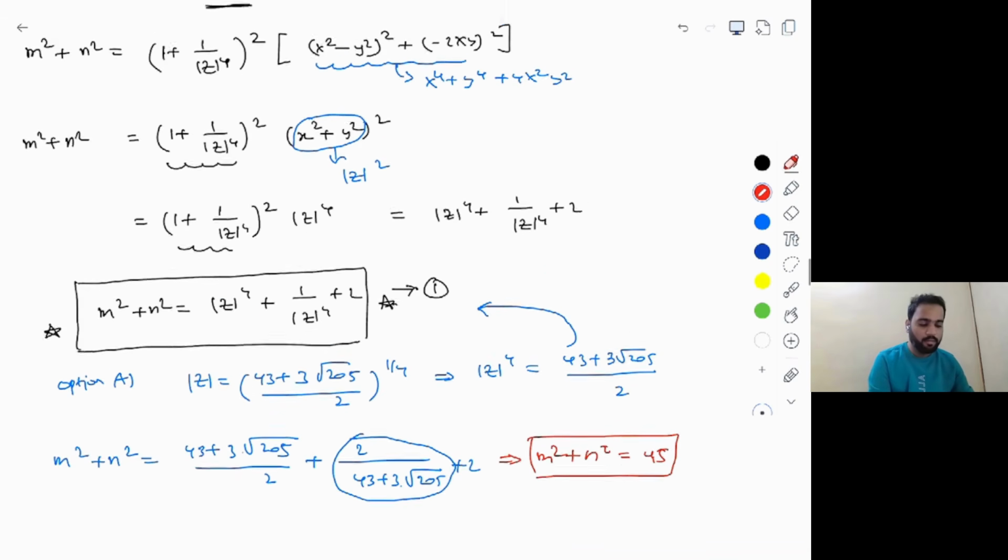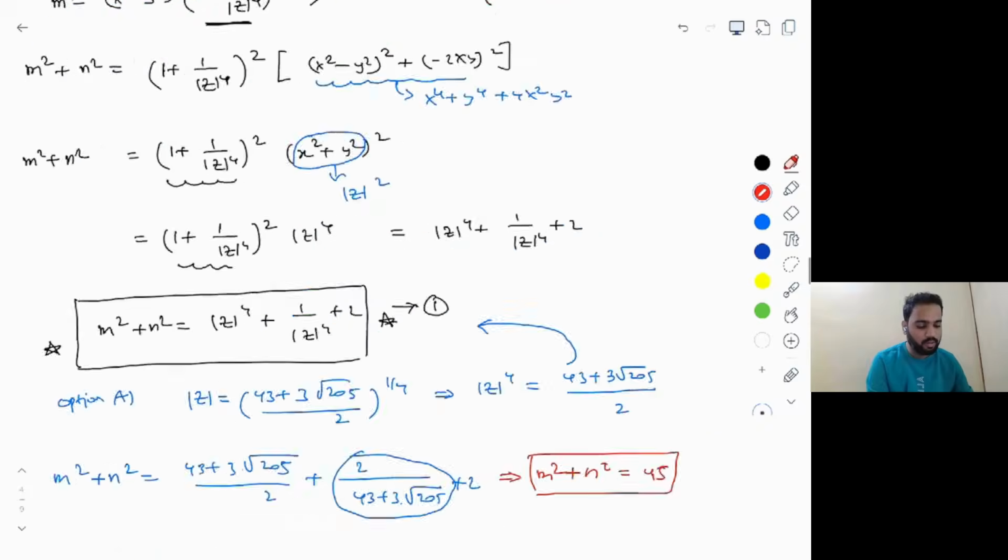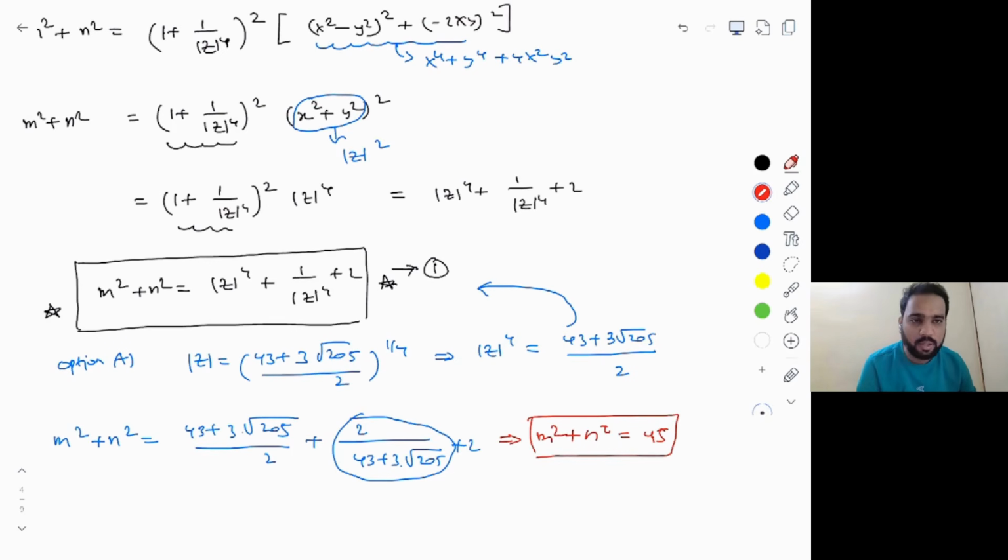Now here in the question, we have to make sure the values of m and n are integers. So we have to check whether this equation m square plus n square is equal to 45 will be satisfied by any values of m comma n which belong to integers. Clearly this is 45. I can write this 45 as 36 plus 9. So one possibility is m is equal to plus or minus 6 and n is equal to plus or minus 3.